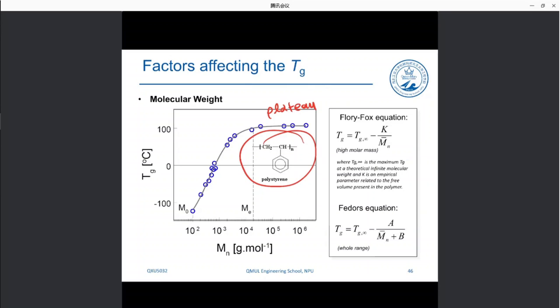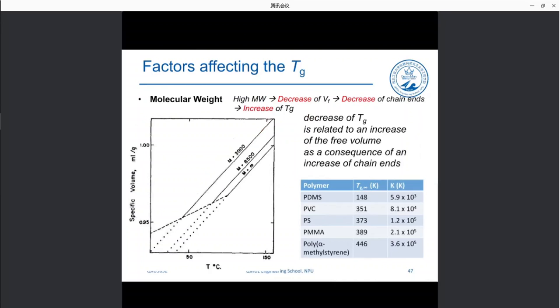This is for polystyrene. Obviously, the molecular weight affects significantly all the properties of a polymer, and the glass transition temperature couldn't remain unaffected by the effect of the molecular weight.